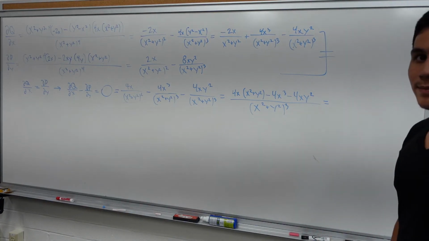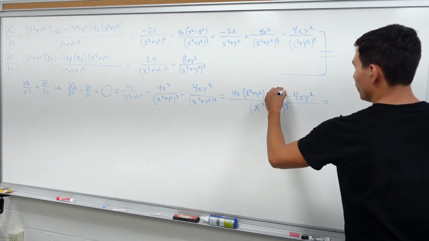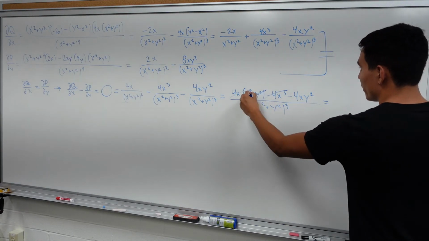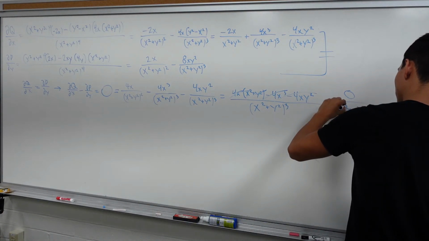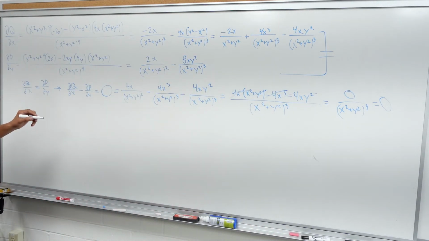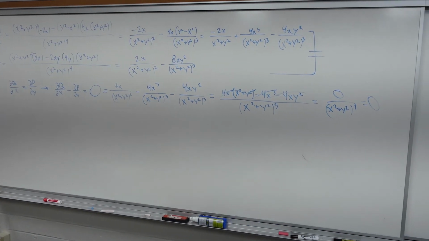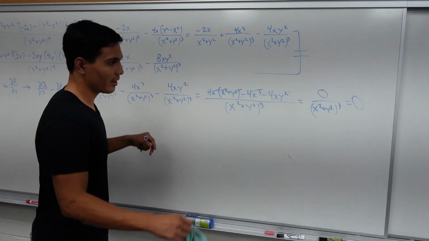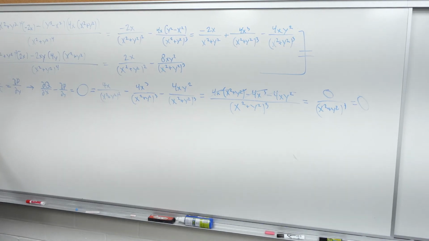This should be equal to 0. 4x cubed, 4x cubed, 4x times y squared, 4xy squared, 0 over x squared plus y squared equal to 0. Everything up here in the numerator cancels out. So if the numerator is equal to 0, then the whole thing is equal to 0.